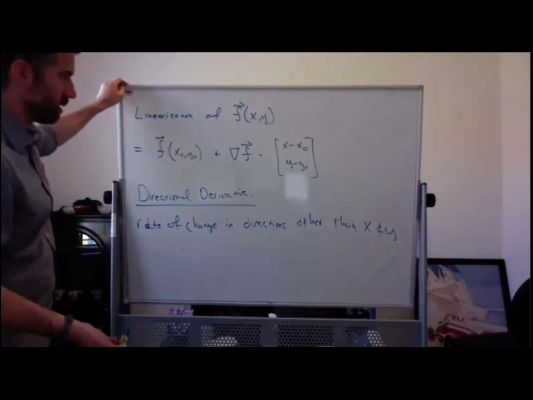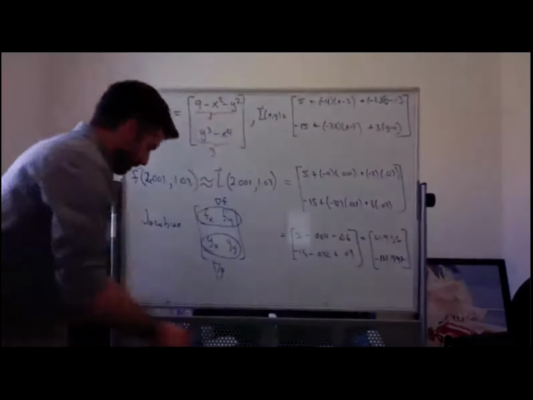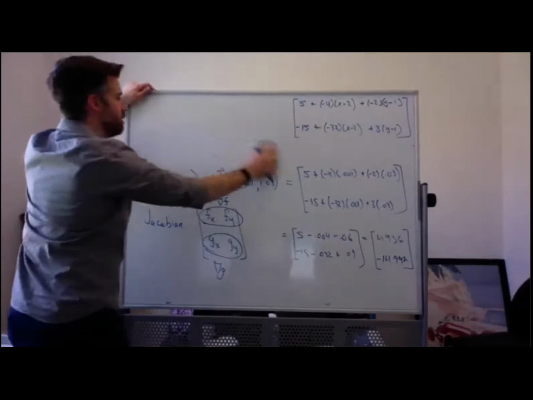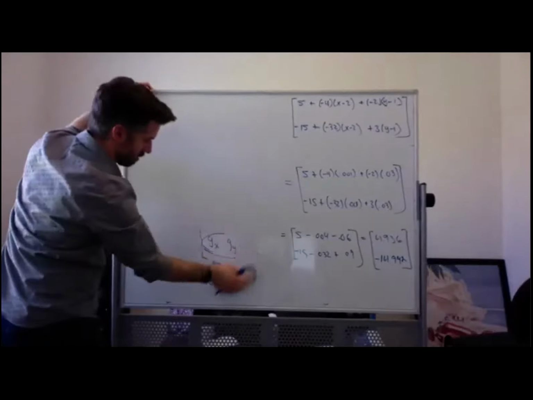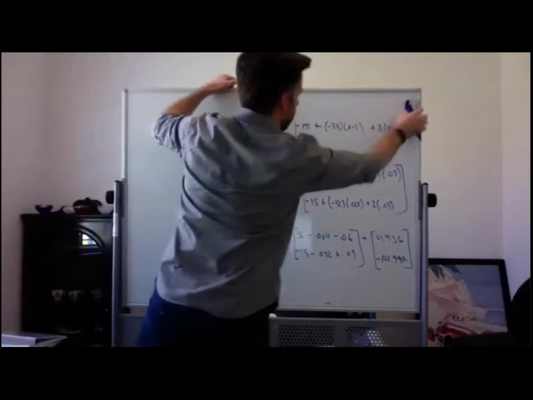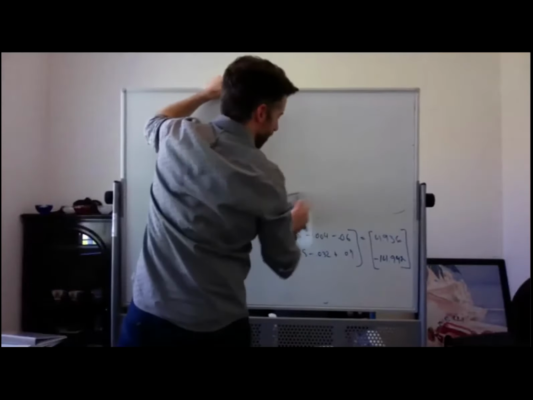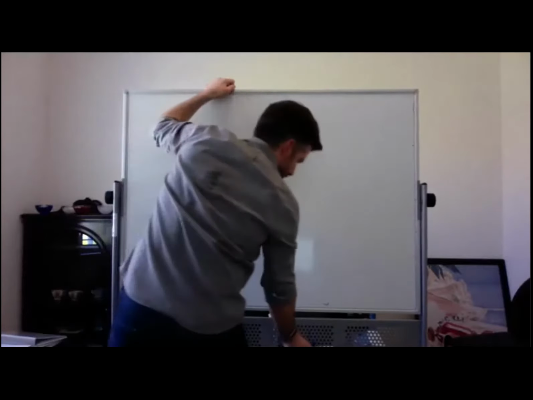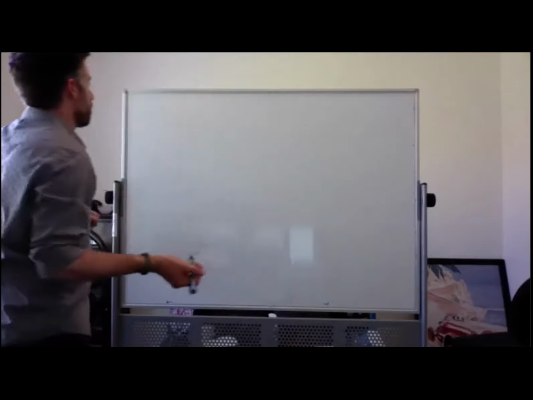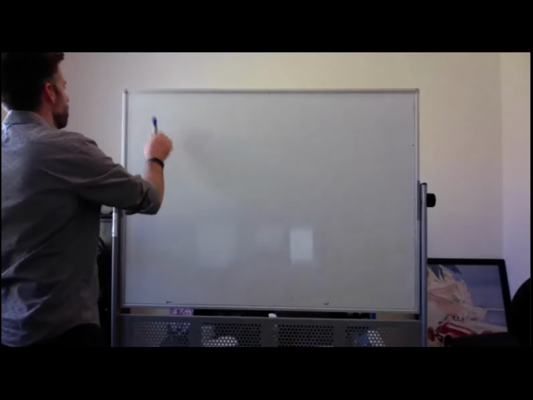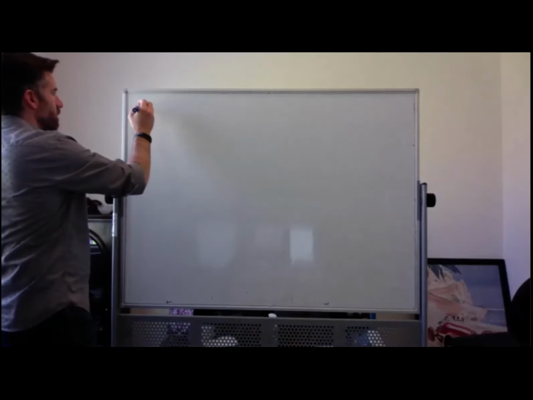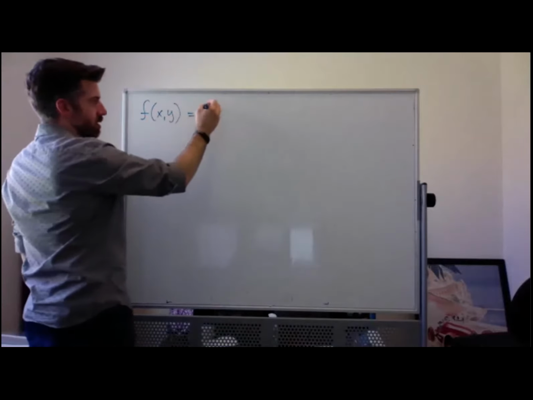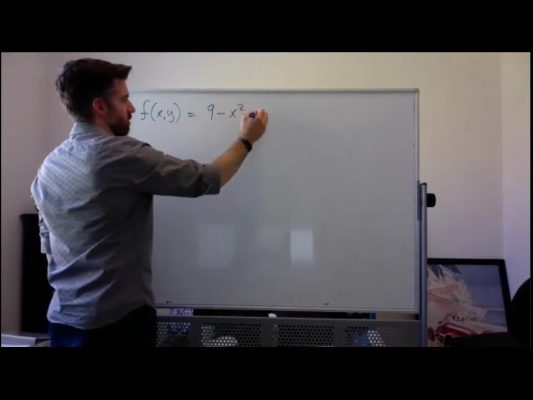And so let's look at my favorite example. I don't know if it's really my favorite, but it's an example I use a lot because it's easy to draw. Let's look at f of x, y equal to 9 minus x squared minus y squared.